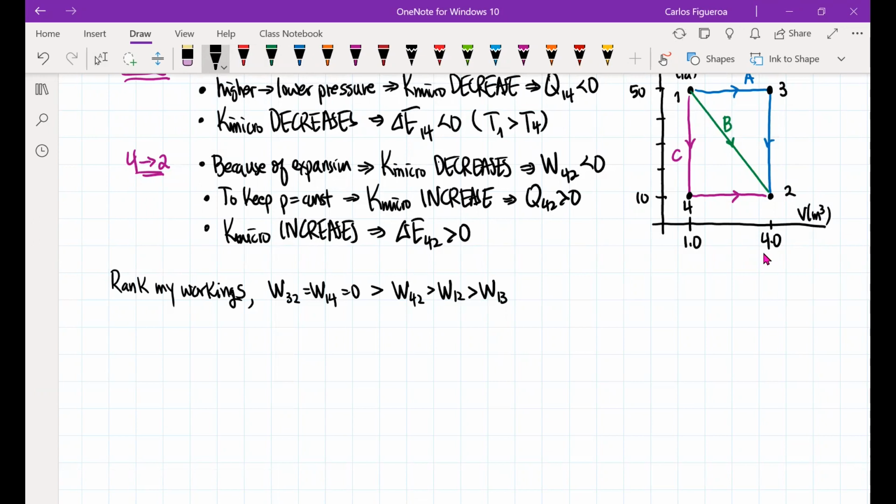So once again, these quantities are negative. And this one right here is the most negative. So I'm going to use this to draw my bar diagram for my guides here. So now let's draw the bar diagrams.